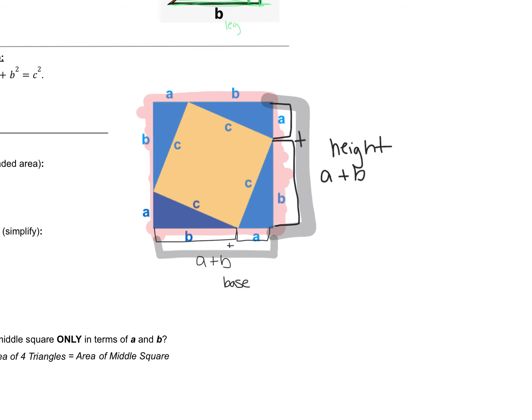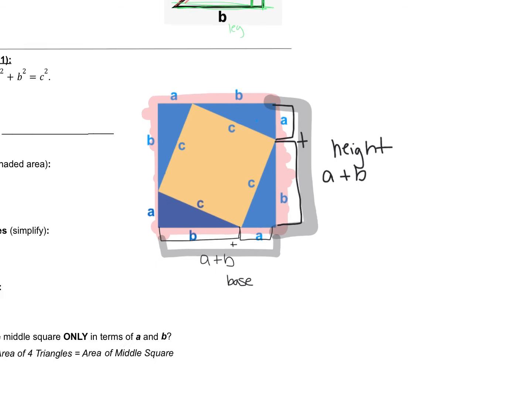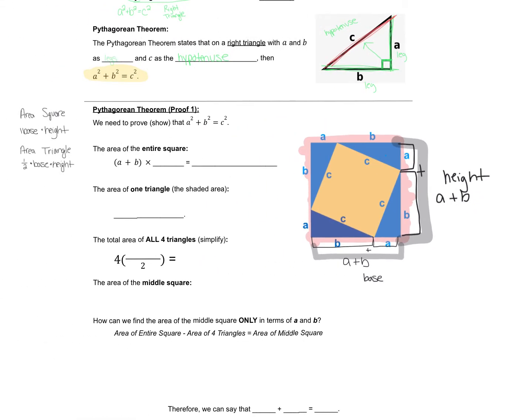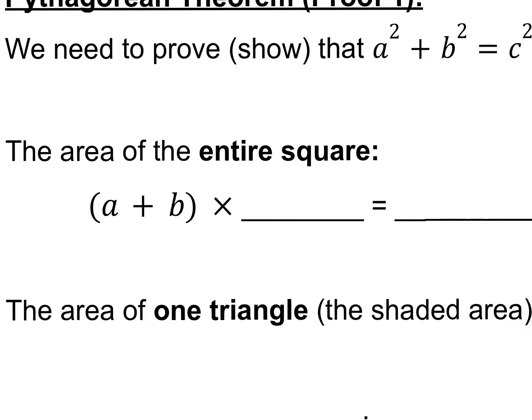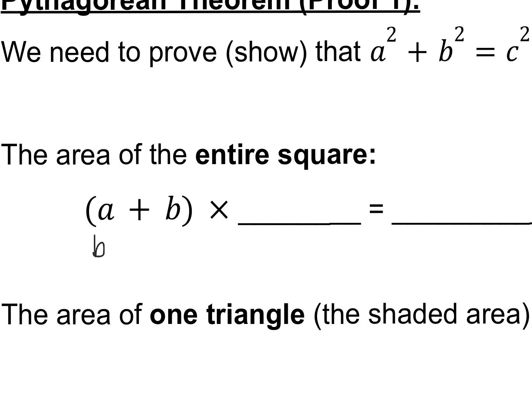And we know that those are the same, so if they are connected for a square, they do need to be the same. So the area of the entire square, the base was a plus b, and my height was also a plus b.